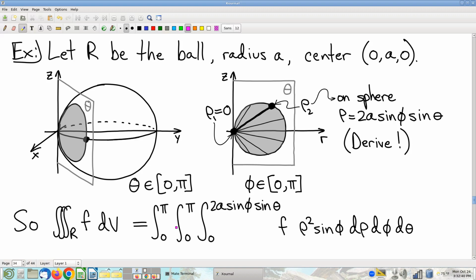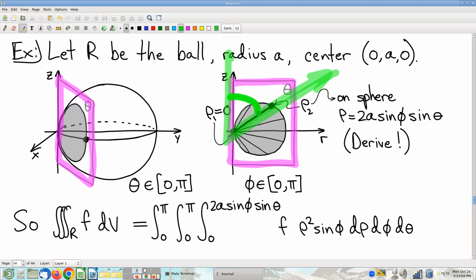Okay, all right, now we focus on a given theta slice. Again, I like to redraw it over here off to the side, just so that I'm looking right at it. Angles look weird if you're looking askance at your cross section, right? So let's redraw it there and think about the phi slices. Keep in mind, phi is this angle, measured at the origin from the positive part of the z-axis.